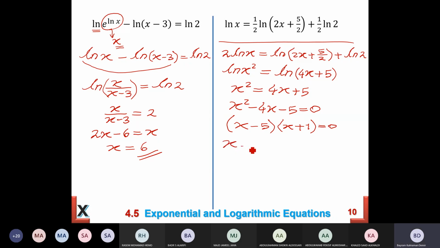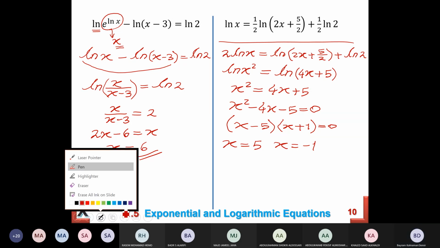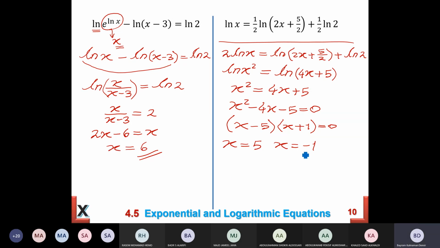So one solution is 5 here, and the other solution is -1. Clearly -1 is rejected, because I cannot replace x with -1, right, Shabab? So -1 is rejected, but 5 is okay, correct?